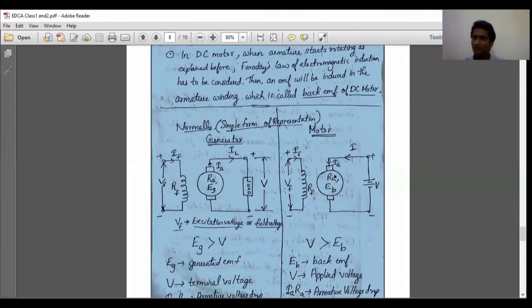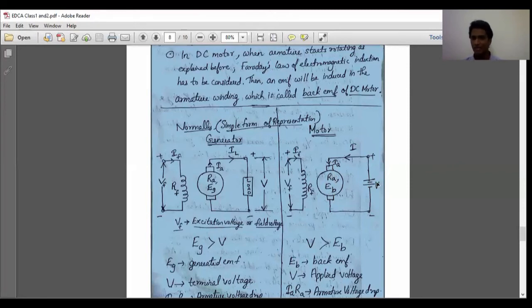So here we want the armature winding to be current carrying, so we should give a DC supply to this armature. We never show the commutator in the representation. These two are brushes. So actually if we apply DC, here the commutator will convert that DC into AC and it will be given to the armature winding.